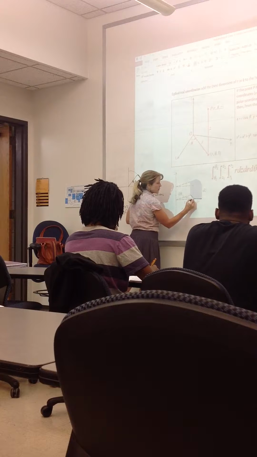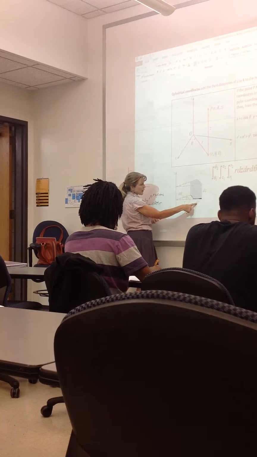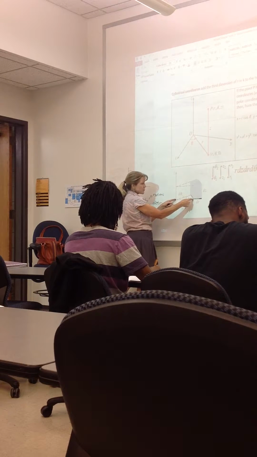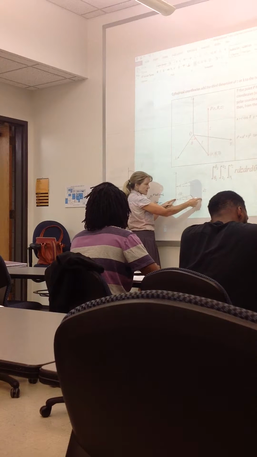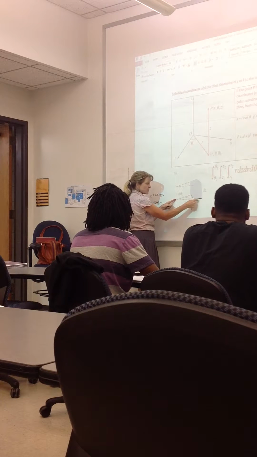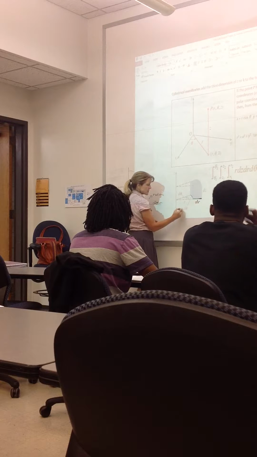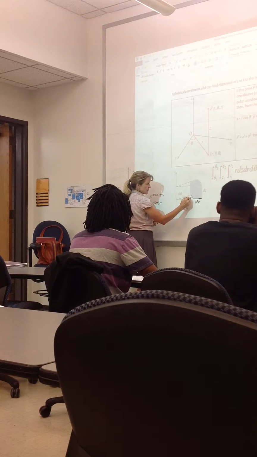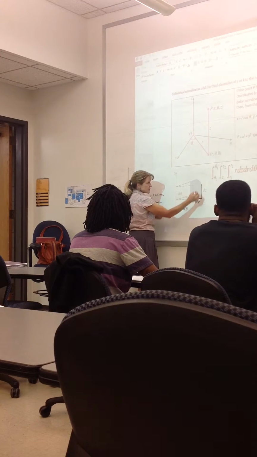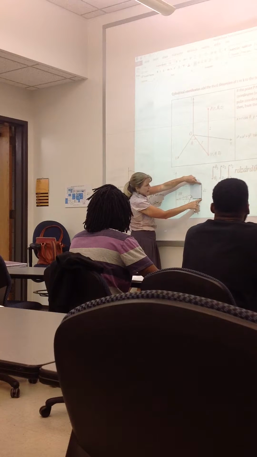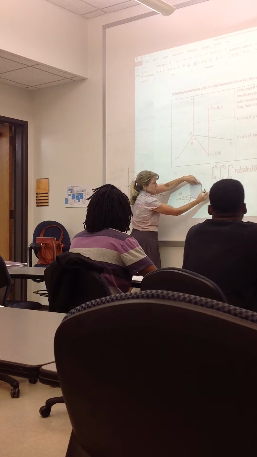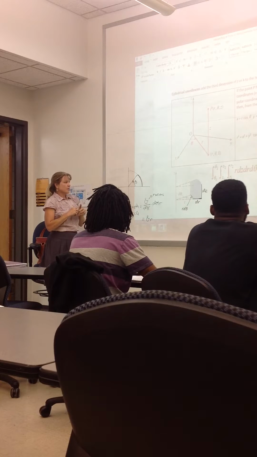This side of the box is change in radius. If I'm at this radius and then I go to this radius, this is the change in the radius, so it's represented by dr. And then this is change in height, so it's represented by dz.